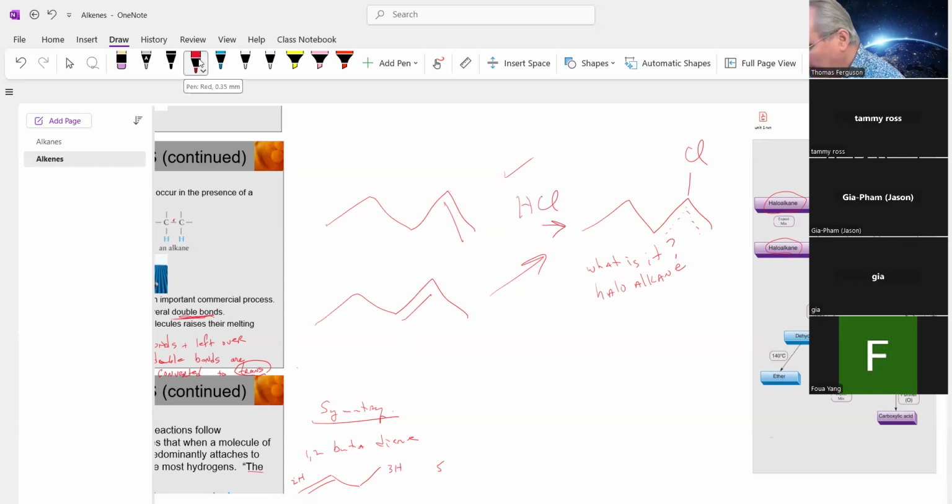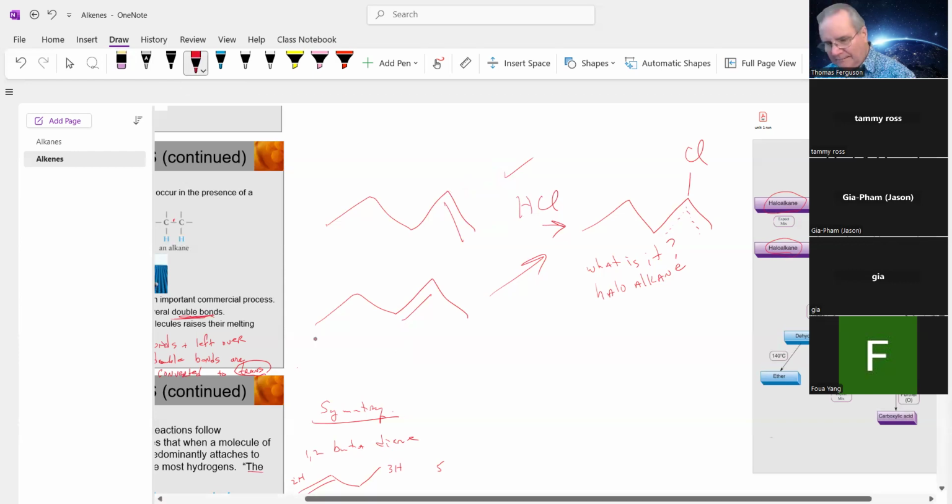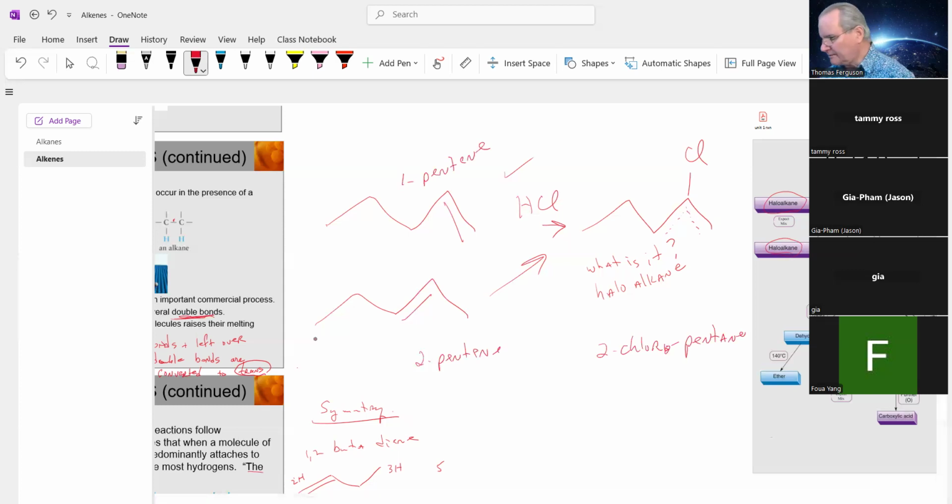This would be a 1, 2, 3, 4, 5, so it'd be a pentene, and this would be a 2-pentene. This would be a 1-pentene, and this would be a 2-chloropentane. So that's how you'd receive full credit in this.